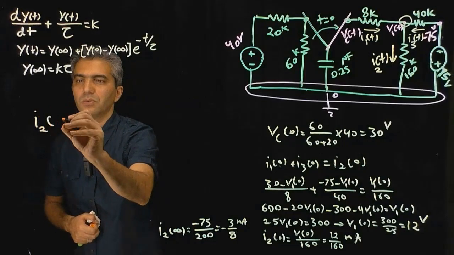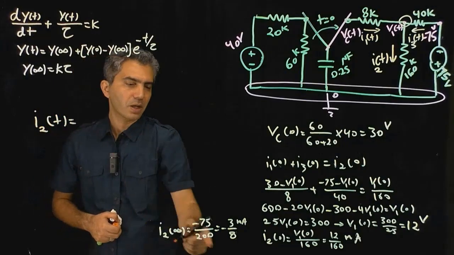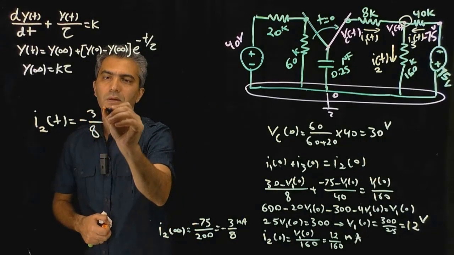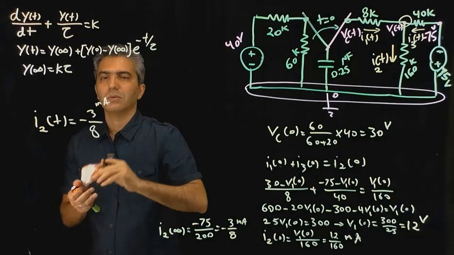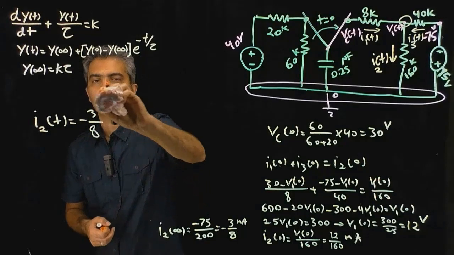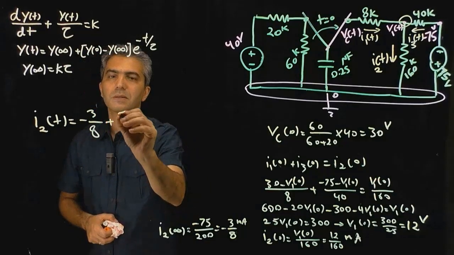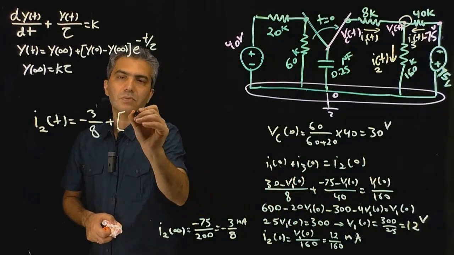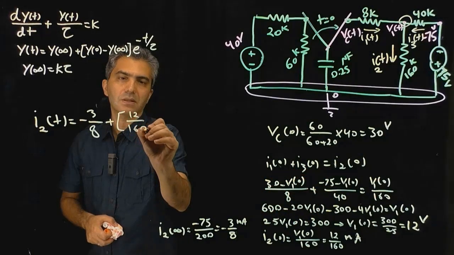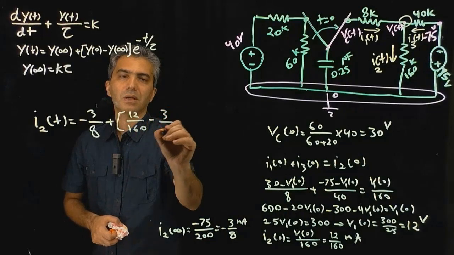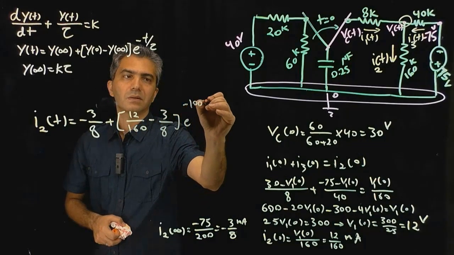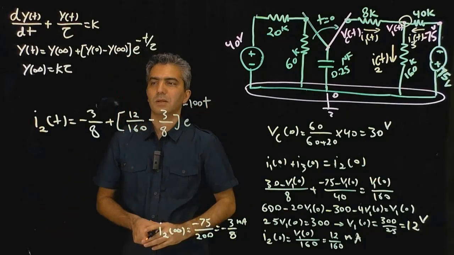So I2(t) is equal to I2(infinity), which is minus 3/8 milliamp, the whole thing is going to be milliamp, we're going to keep that in mind, plus I2(0), which was 12 divided by 160 minus 3/8, e to the minus 100t, and done.